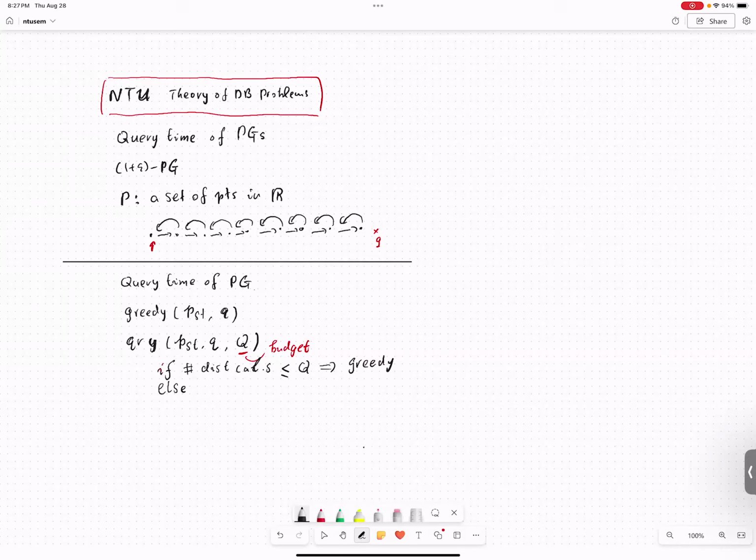If we can prove this, then I'm going to set Q to at least this value. If Q is equivalent to this value, it is at the order of 1 over epsilon to the power of lambda, times log squared. Since every point requires me to calculate so many distances, as you can see on screen.